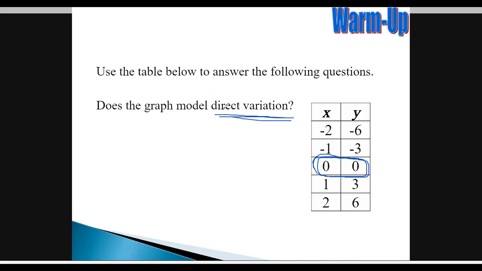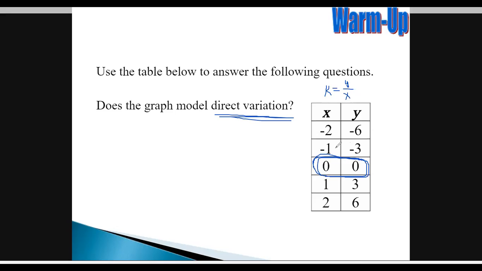Second, since it's direct variation, for sure we have a constant value, which is called K, right? Then K is y over x. Please check with me now. Negative 6 divided by negative 2 is 3.